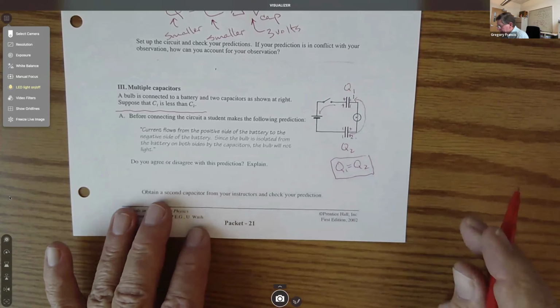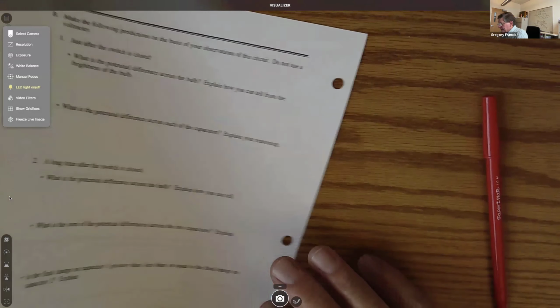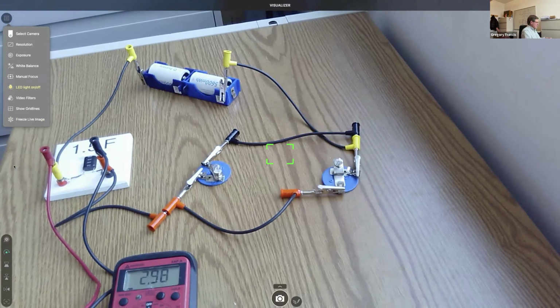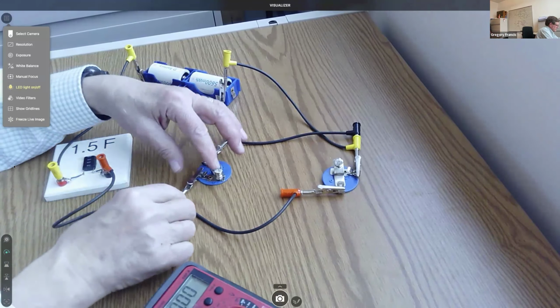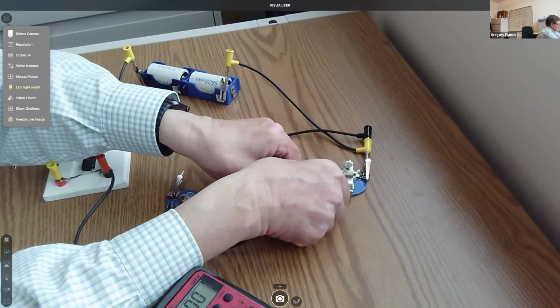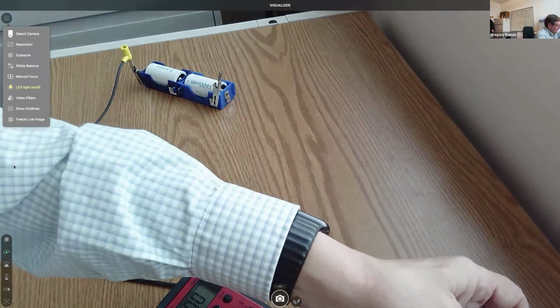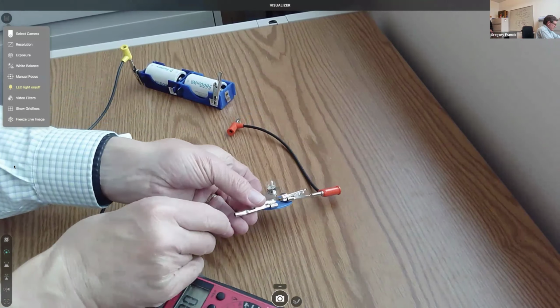Okay, let us check our prediction, and then we've got to make some more predictions. Okay, now the first thing we're going to do is discharge both of the capacitors, and I'm going to do that with this single bulb.